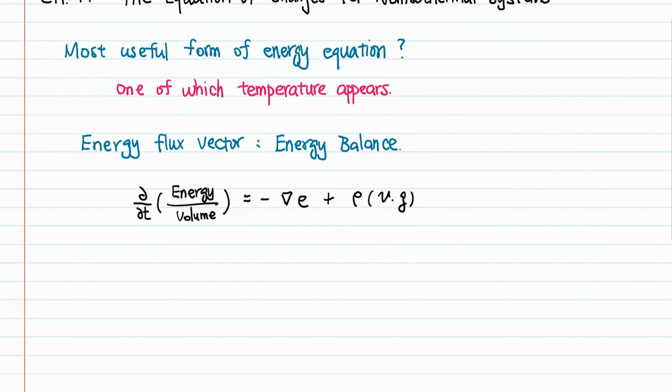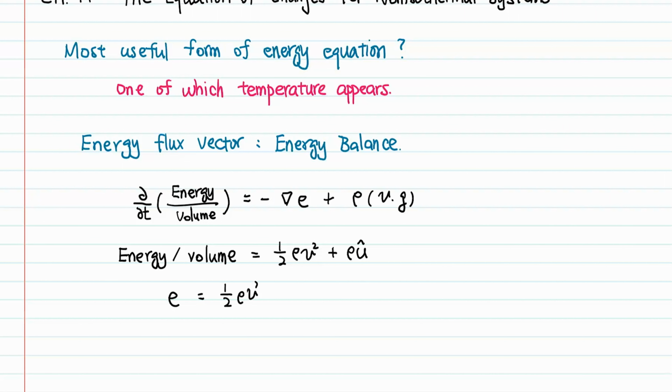If you look at what exactly the energy per volume is, we have the kinetic energy term and the internal energy term. And if we look at the combined energy flux vector, we also have the kinetic energy and internal energy transported by convection.